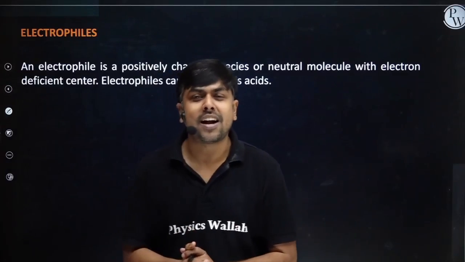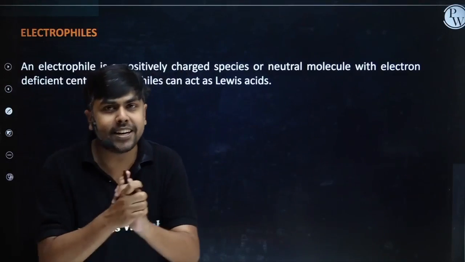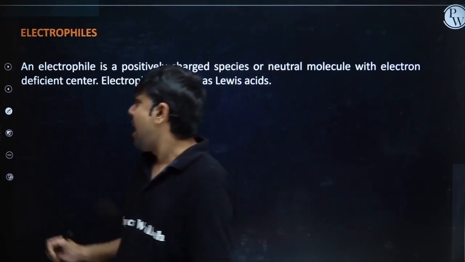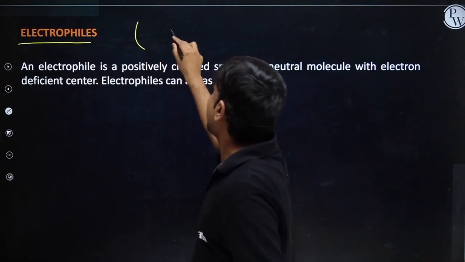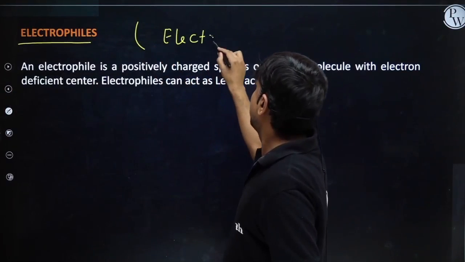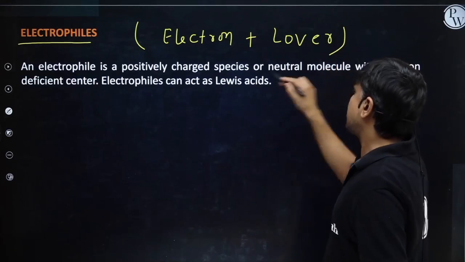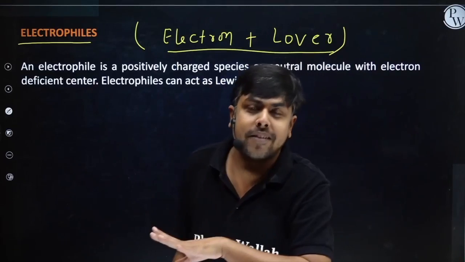Friends, now let's start our discussion on some more important terminology related to this chapter, or we can say related to entire organic chemistry. And the first one is electrophile. Electro stands for electron and phile stands for lover, lover of electron. The species which is electron deficient may act as a lover of electron, right?